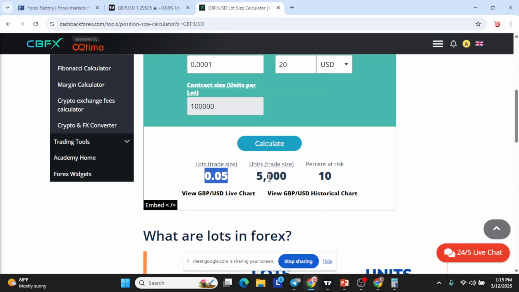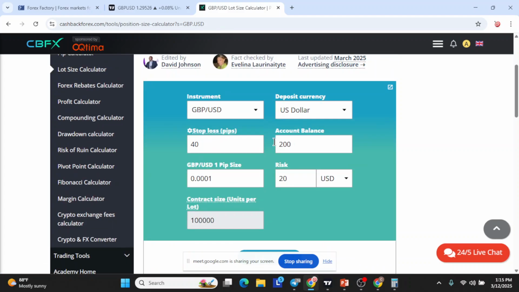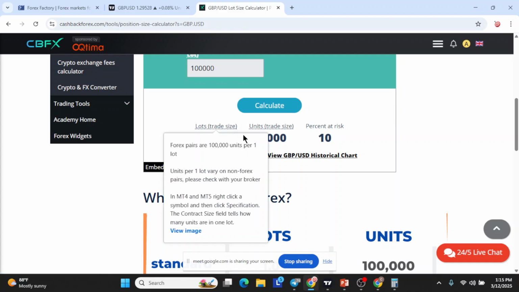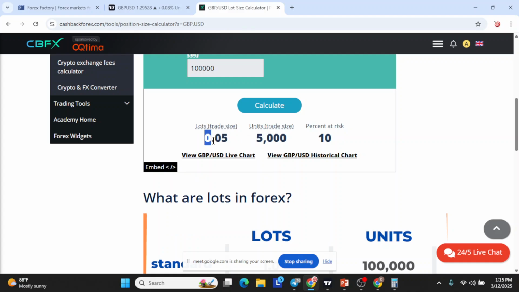So this already saves us the stress of calculating it manually before we get the answer. Market is already gone. Here we just input small information, and we already get this answer. So this is what we actually need here: 0.05.